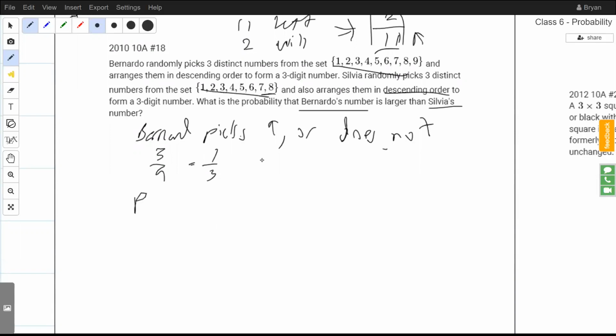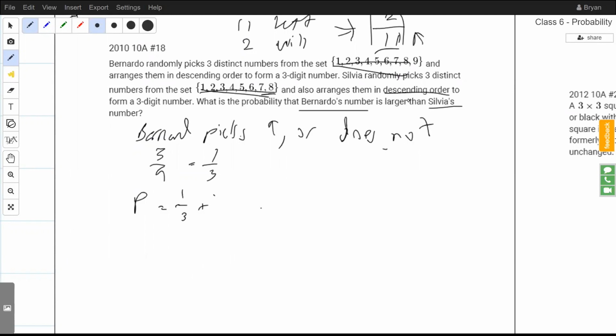So the probability of Bernardo winning is going to be 1/3 plus the probability that Bernardo has a larger number than Sylvia, but only choosing between the numbers 1 through 8. And here's what I mean by exploiting the symmetry.